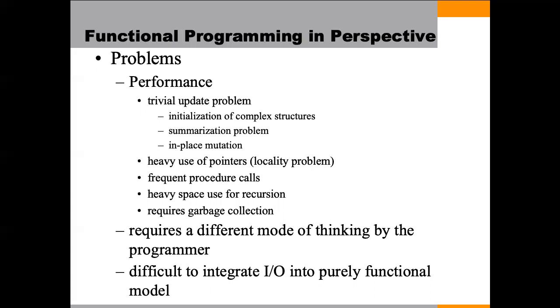So that is called in-place mutation right there. And it's an example of what is called the trivial update problem, because it's a trivial update. We just wanted to modify the first element of the list with the new state. But instead, we ended up having to create a completely new list. Okay. So that's one of the issues.